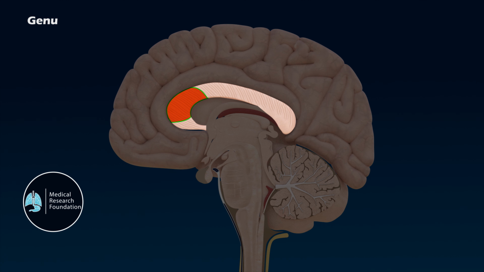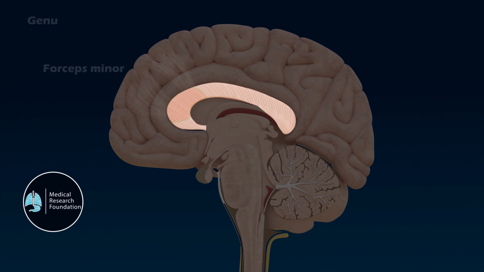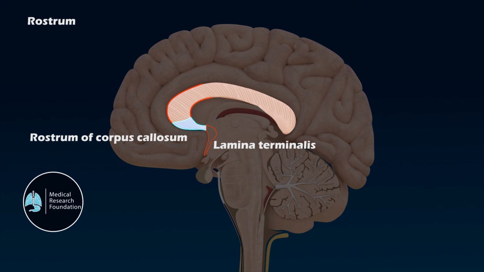The fibers of genu sweep forward on either side into the anterior parts of the frontal lobes, forming a fork-like structure, the forceps minor. Rostrum. The genu extends downwards and backwards as a thin prolongation to join the lamina terminalis, forming rostrum of corpus callosum.